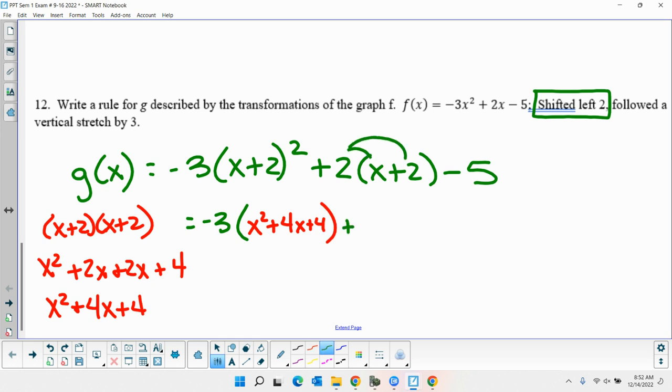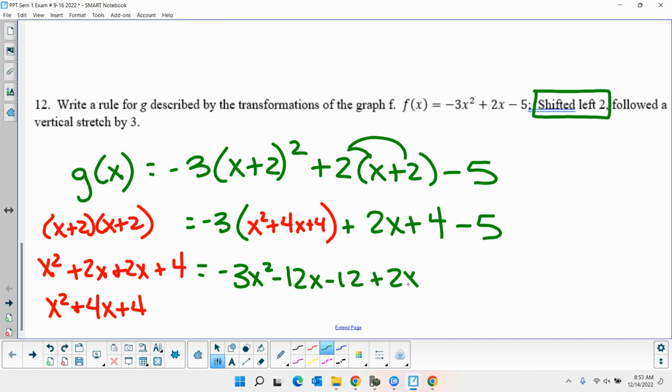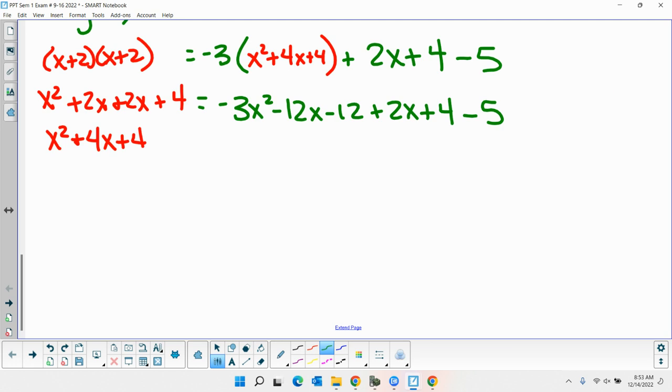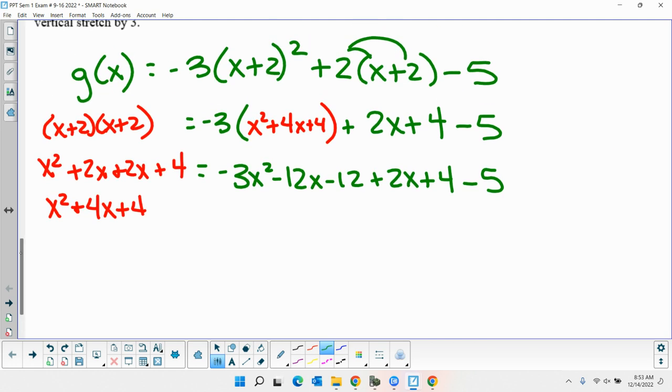And then I can just distribute the 2 over x plus 2, I'm sorry, plus 4. Got to do 2 times 2, right? Am I done simplifying? No, I got to distribute the negative 3, right? So negative 3x squared minus 12x minus 12 plus 2x plus 4 minus 5, which is not quite finished yet.